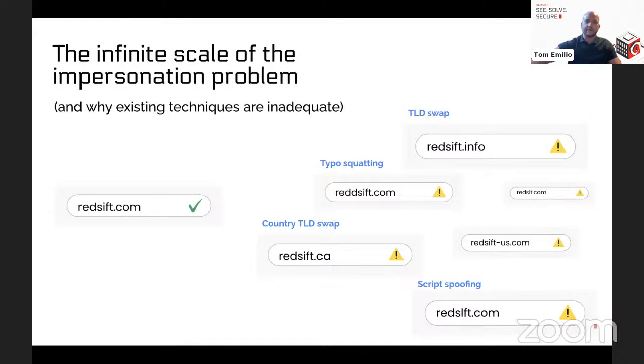You can't just buy every domain, especially when you factor in all these different TLDs and the typos, et cetera. So what you really need is a scalable solution that's automated and built on AI and machine learning to help identify these lookalike domains so that you can protect your overall domain perimeter and improve your overall cybersecurity posture.